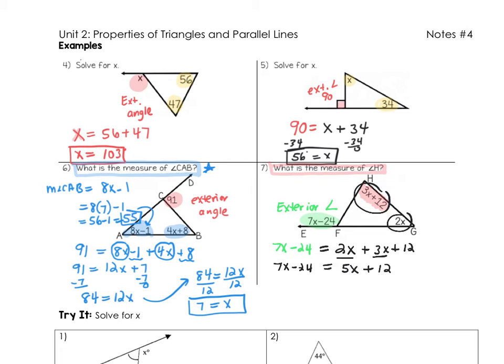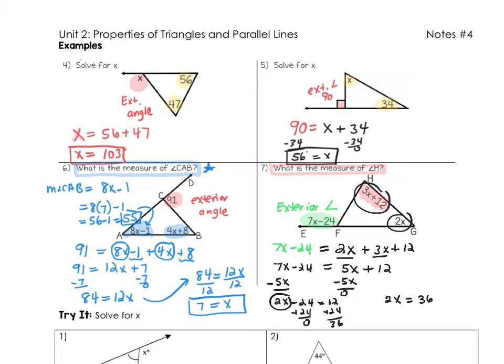So I would probably move the 5x to the other side by subtracting it first. 7x minus 5x is 2x. Minus 24 equals 12. Take and add 24. So this goes to 0, and we've got 2x left over. And 12 plus 24 is 36.